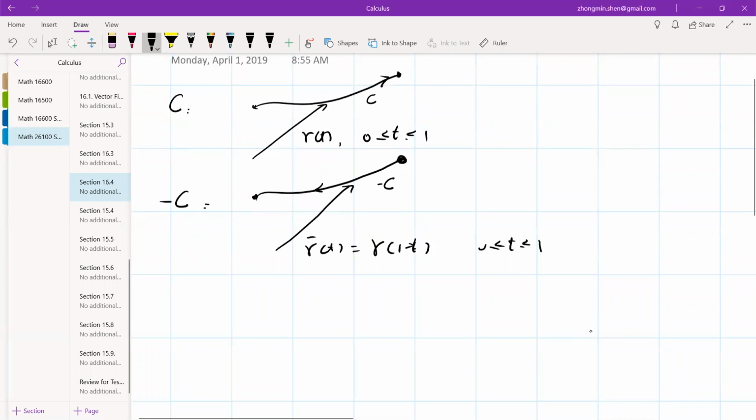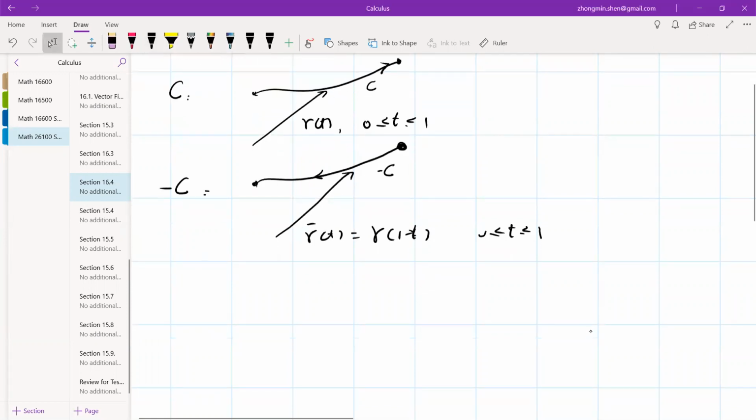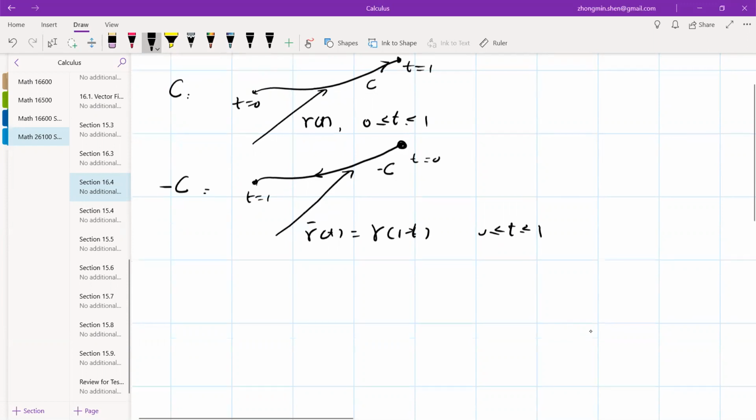then you can use that parameterization to parameterize the same curve with the opposite orientation, which is denoted by negative C. So you can see that when t equals 0, this is a starting point and here's the ending point, and for the other one, this is a starting point and this is the ending point. All right.